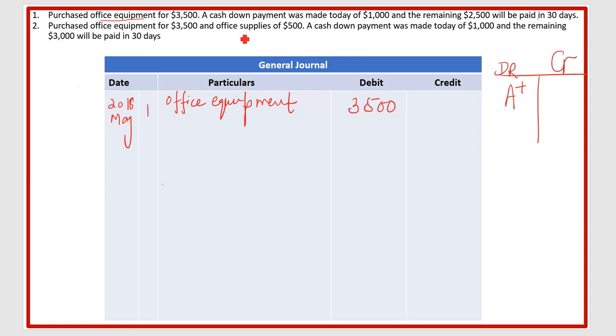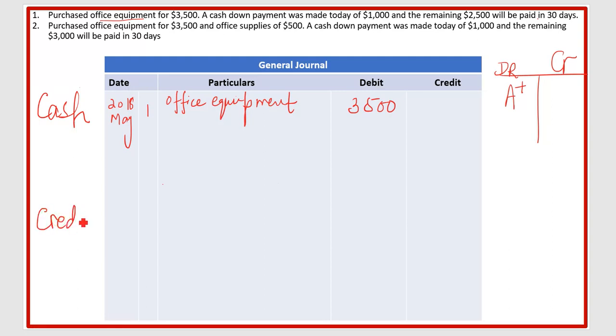Then you have to decide how you have paid for this 3,500. As I have told you, there are only two ways to pay. One is cash. Whatever we buy, we pay cash, and debit cards and checks are also included in cash. And the other method is on credit.